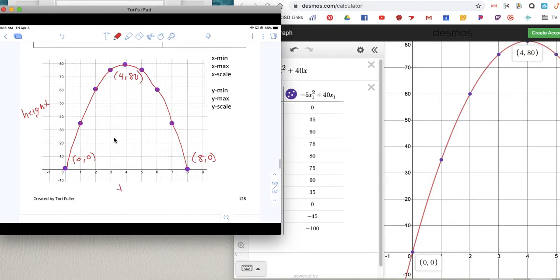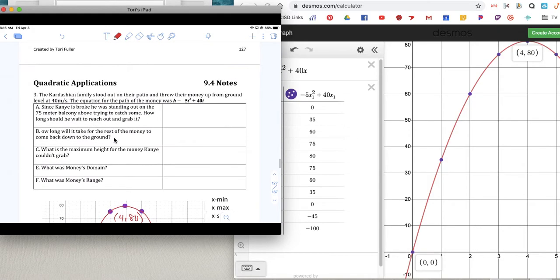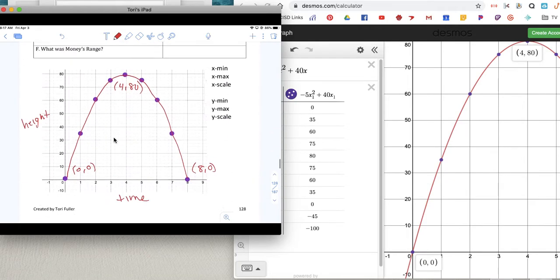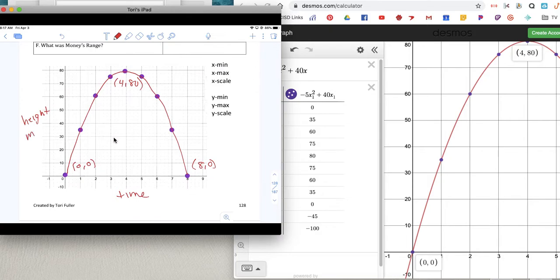And I'm labeling my time. And I'm going to read the question so I know what my units are. Okay. Question says, the Kardashian family stood out on their patio and threw their money up from the ground level at 40 m/s. That m/s means meters per second. The equation for the path for the money was this. Okay, so I'm looking at meters for height and seconds for time.